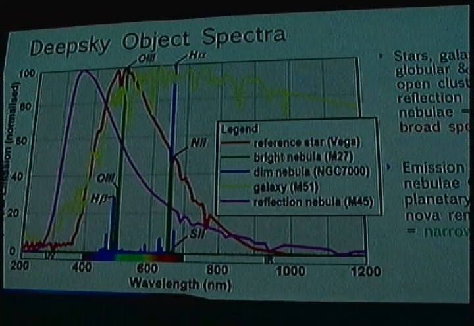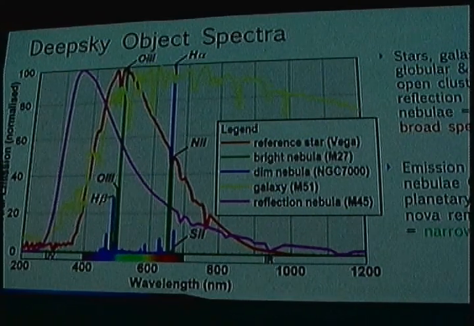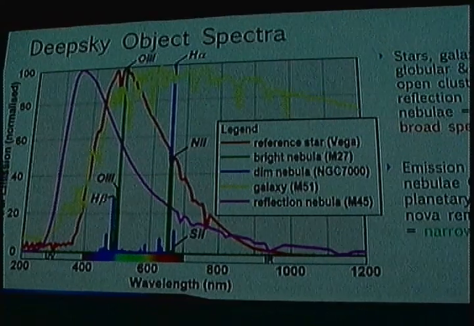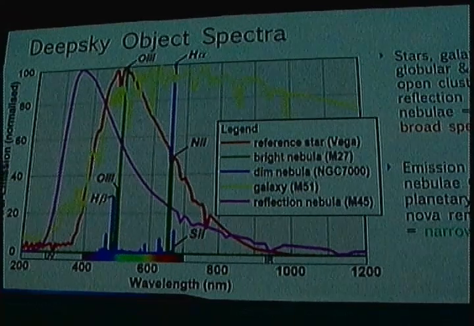So that gives you an idea of the two main types of deep sky objects. Now, whether we're trying to observe a broad spectrum object or a narrow spectrum object has a very big impact on how effective filters can be at improving our views in light polluted conditions.